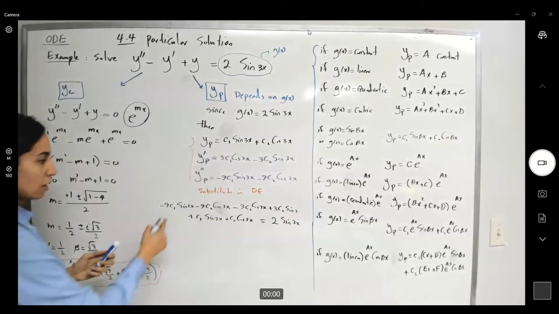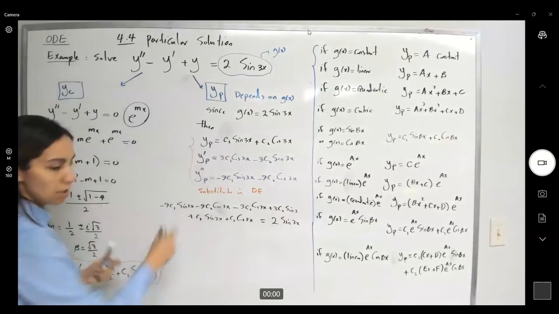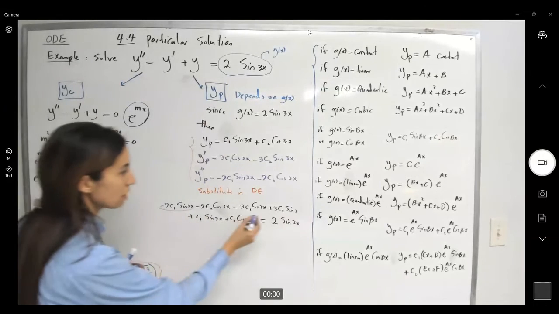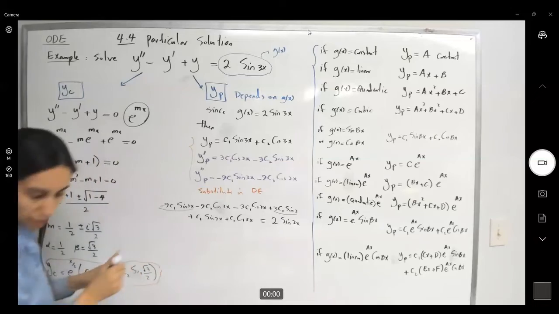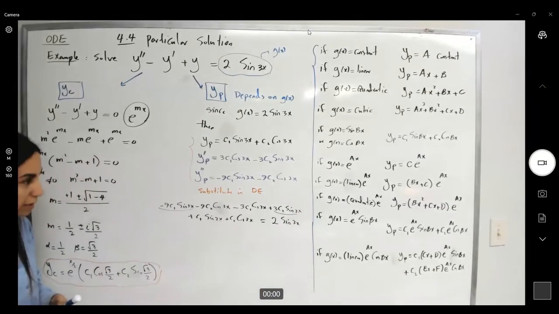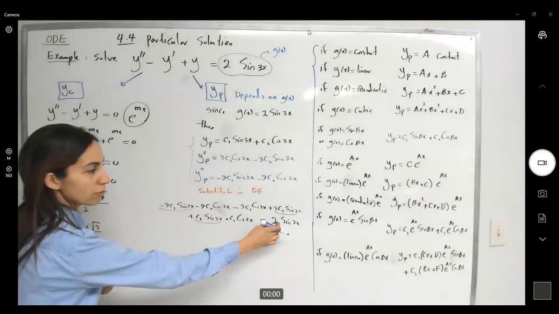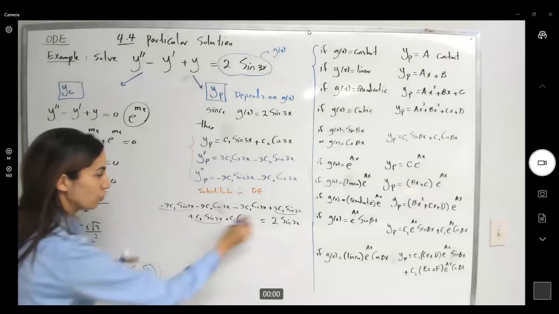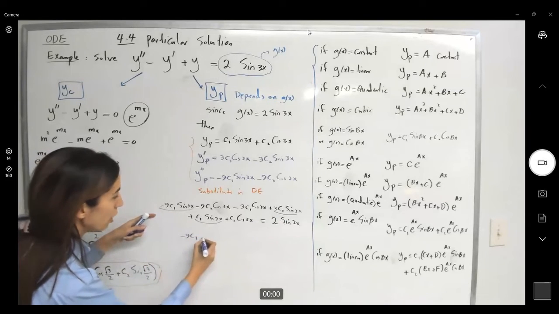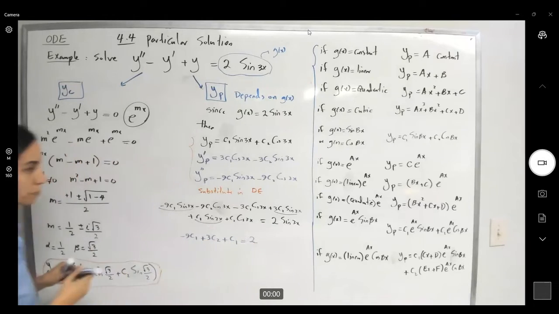So here you need to identify the coefficients of your sine. I have sine 3x, sine 3x, and another sine 3x on the left-hand side, and the coefficient of sine 3x on the right-hand side is 2. What's the meaning of that? It means that negative 9 c1 plus 3 c2 plus c1 is equal to 2.